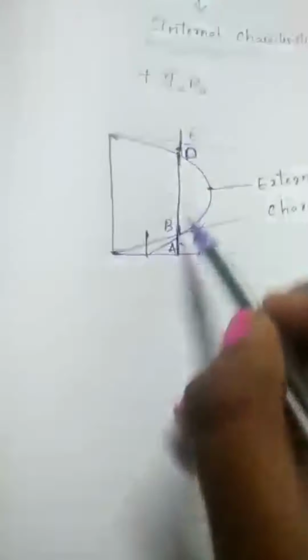This is point A. To get point D here. So from this we can easily draw the internal characteristics from this external characteristics curve.